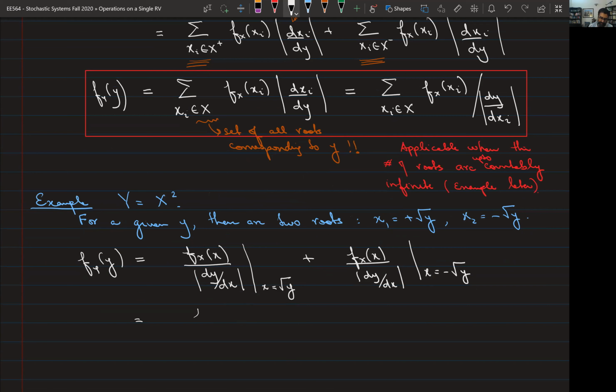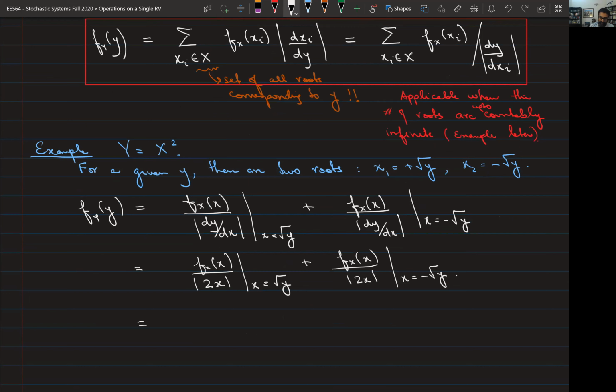So this is fx of x, dy by dx is 2x, and x equals root y, plus fx of x and dy by dx once again is 2x absolute here, and x has to be minus root y.